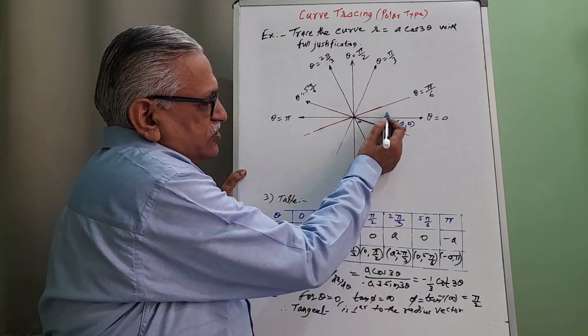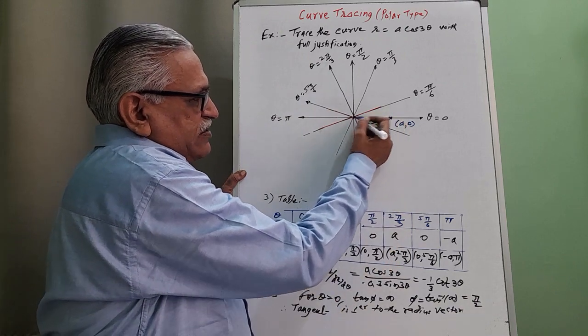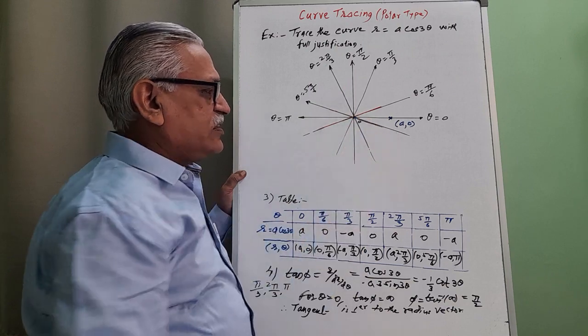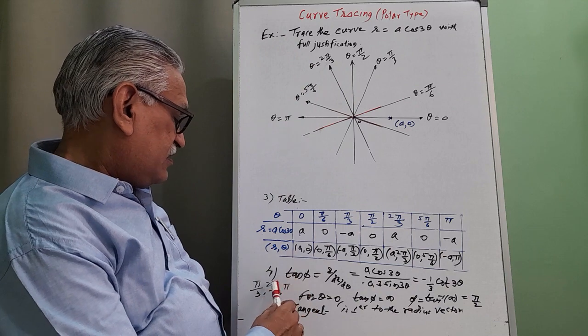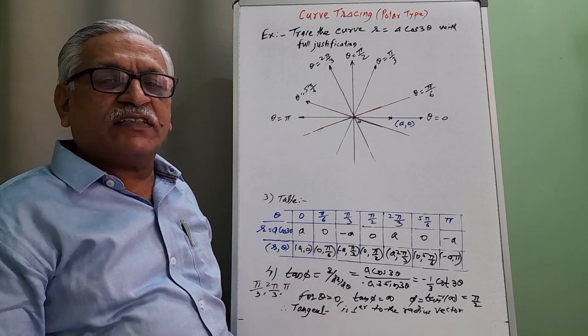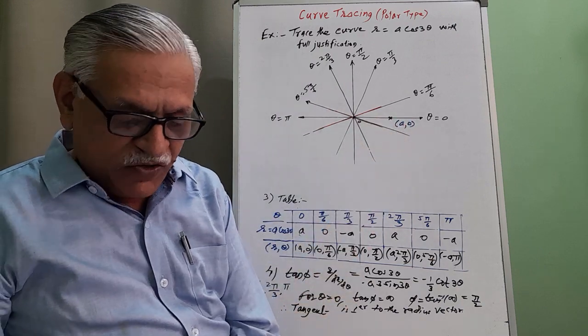We have to join this smoothly, knowing the fact that this line is a tangent. Therefore, it will touch the origin only, the pole only. For theta equal to 0, that tangent is perpendicular to this radius vector, and therefore we make a perpendicular tangent.